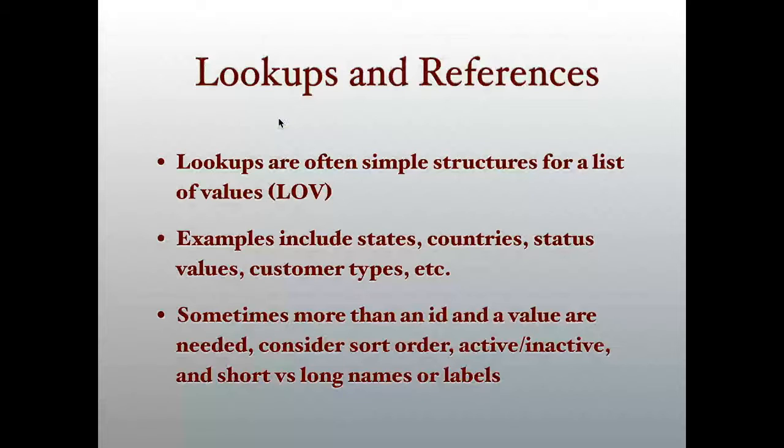For your lookups and references, just to reiterate a little bit, they're also often a very simple structure. A state that we've talked about could be the long name and then the two-letter name of it. So TN and then Tennessee would be your two columns. For your lookup values, you may want to have a third that would be just an unrelated number.